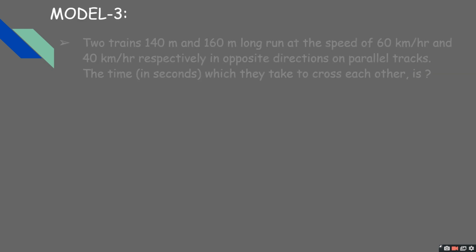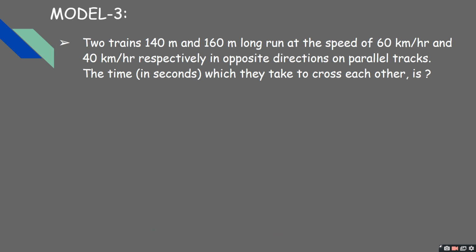Coming to the next question, two trains 140 meters and 160 meters long run at the speed of 60 km per hour and 40 km per hour respectively in opposite directions on parallel tracks. The time in seconds which they take to cross each other is.